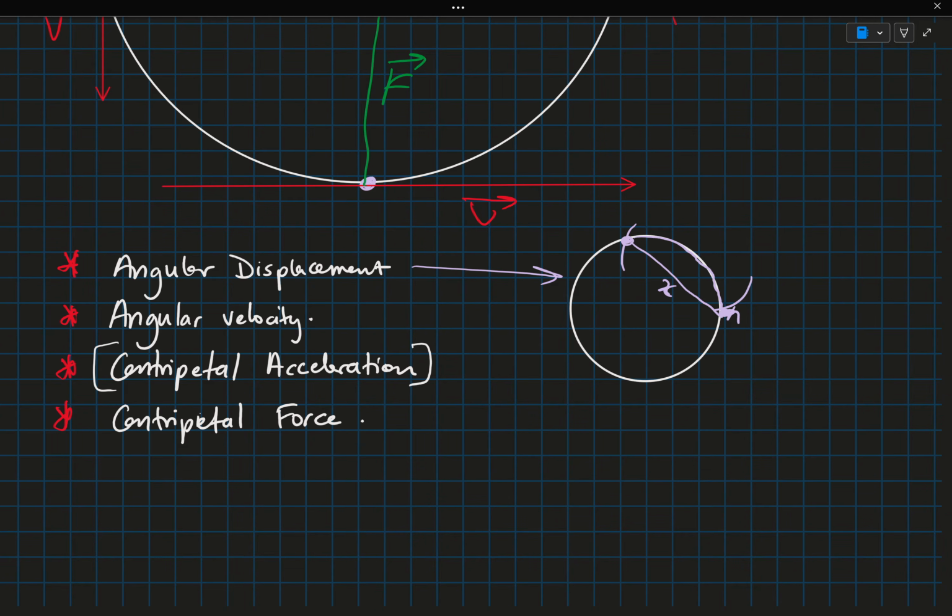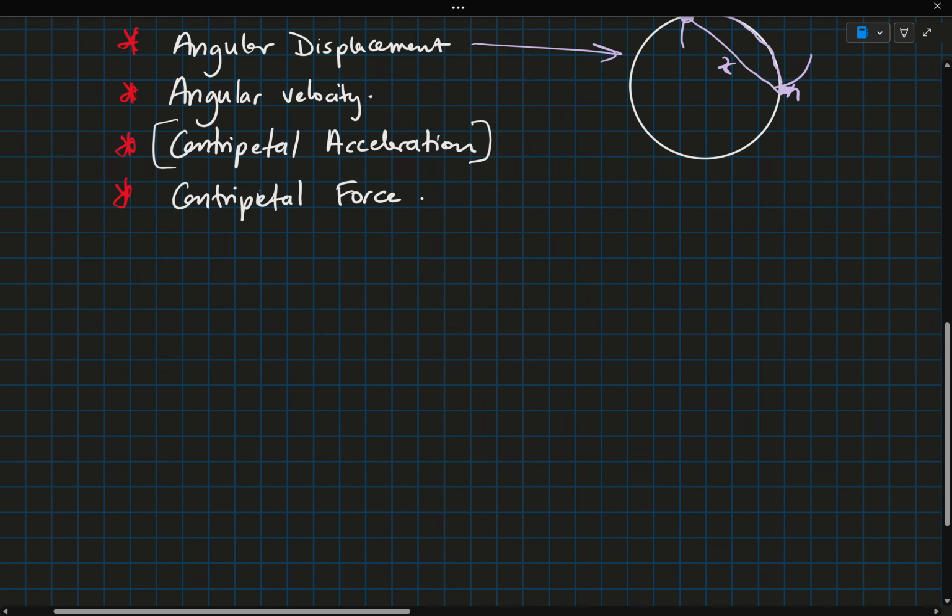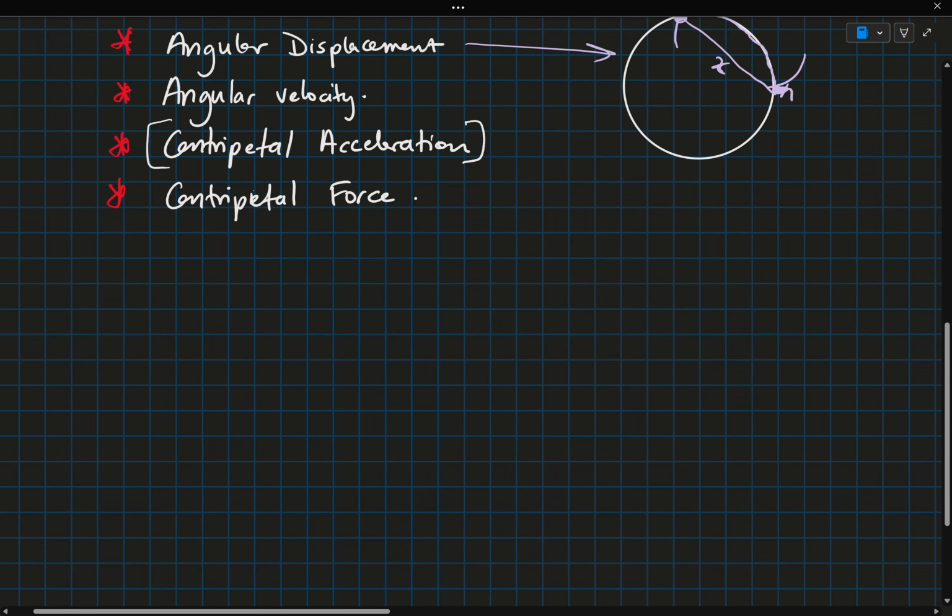All right, let's begin with the math here. Remember, if there are any questions, you can let me know so we can clear it up. Let's start off with our angular displacement.